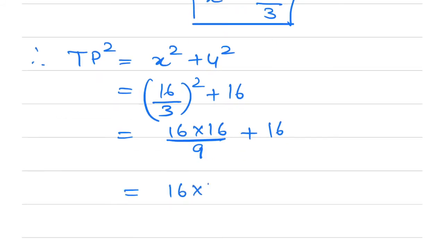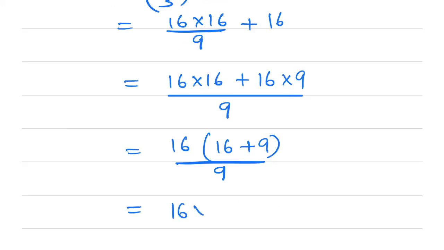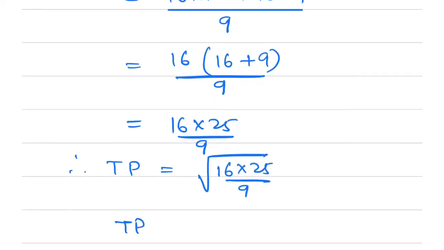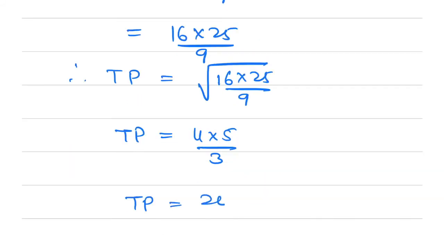So I get 16 multiplied by 16 plus 16 multiplied by 9 divided by 9. 16 I can take common, and here I have 16 plus 9 by 9. 16 multiplied by 25 by 9. Therefore, TP is equal to square root of 16 into 25 by 9. TP is equal to 4 into 5 by 3. So, TP is equal to 20 by 3 centimeter.